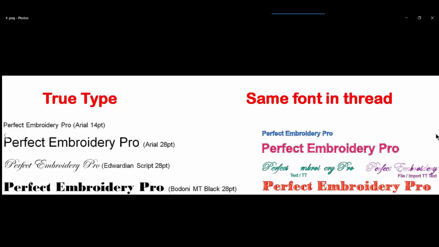On the left, you see the TrueType fonts printed as they were meant to be, with the different point sizes shown also. Those same fonts were done in thread, as you can see over in the right column, and some of them look okay and some of them don't. And this is what we have to remember when we're working with our TrueType fonts.